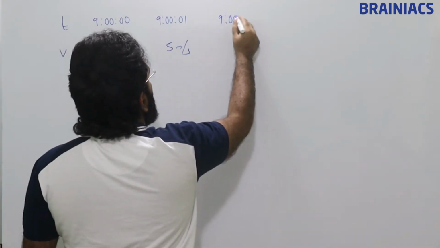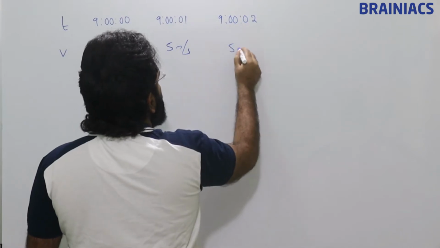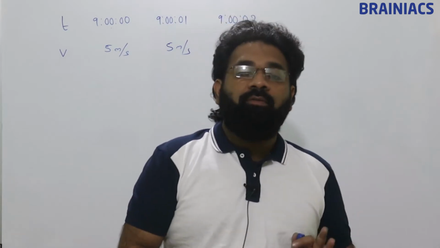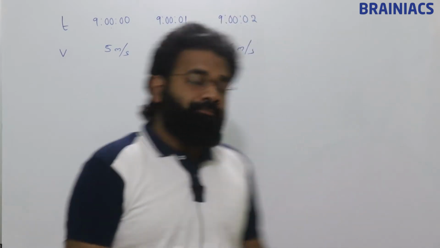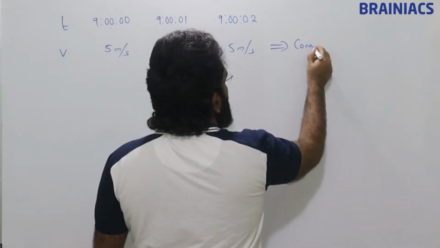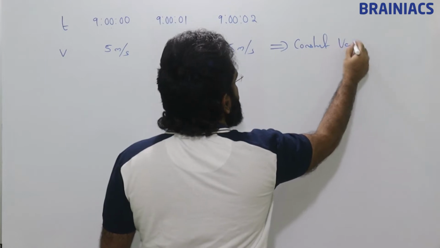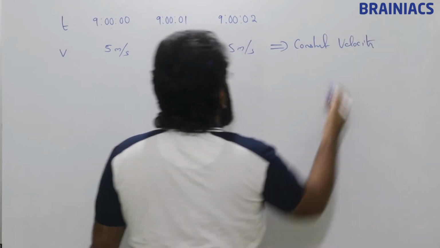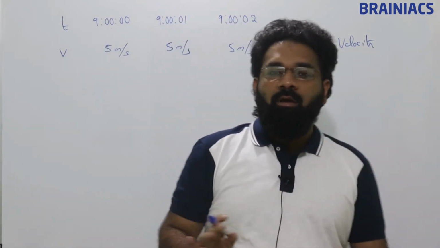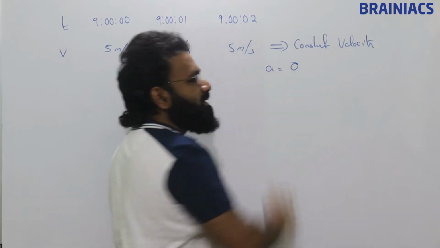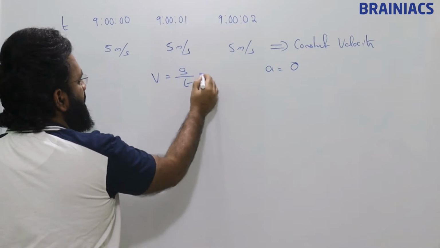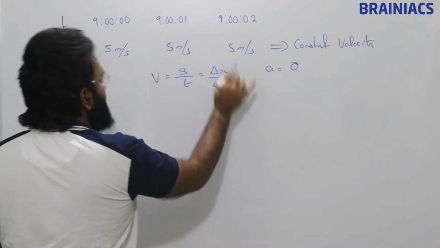At 9 o'clock 0 minutes 2 seconds again the velocity is 5 meter per second. This kind of motion we have already seen; that is called constant velocity, uniform motion. So here there is no change in velocity, so the value of acceleration is 0, and all these problems we did with the equation delta x by delta t.